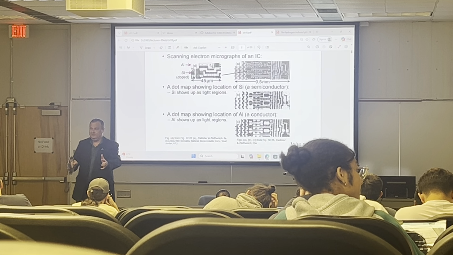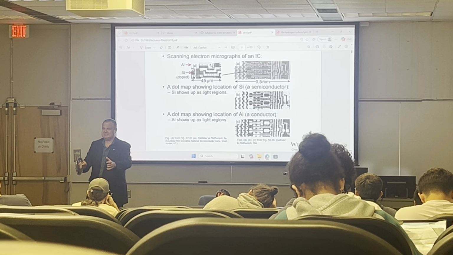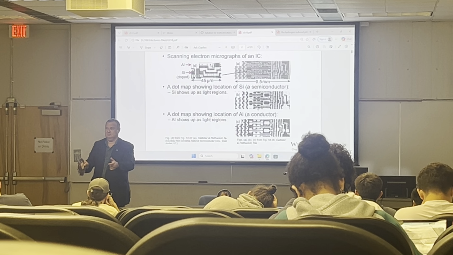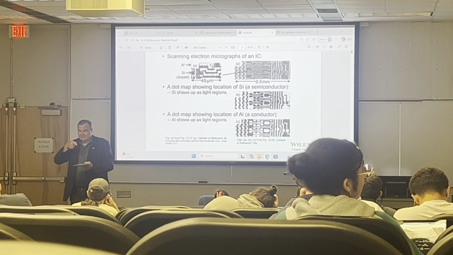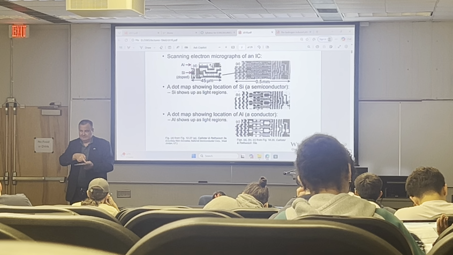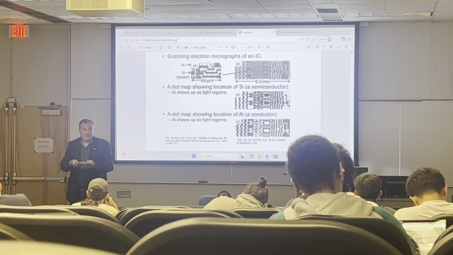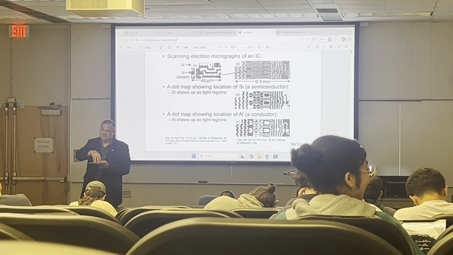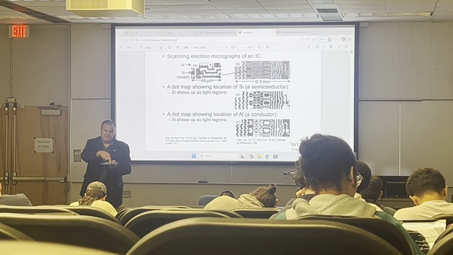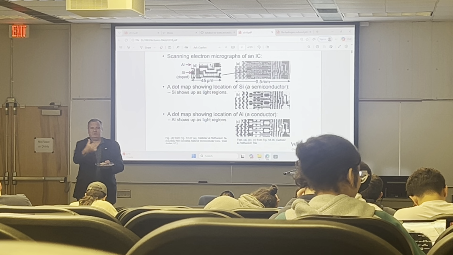There's a cassette of 25 wafers at a time. That's called a lot. It's the word lot. Then there's a laser that shines the light at this device wafer, and there are a whole bunch of fiber optic sensors that take the light that's reflected from this wafer into the detectors.